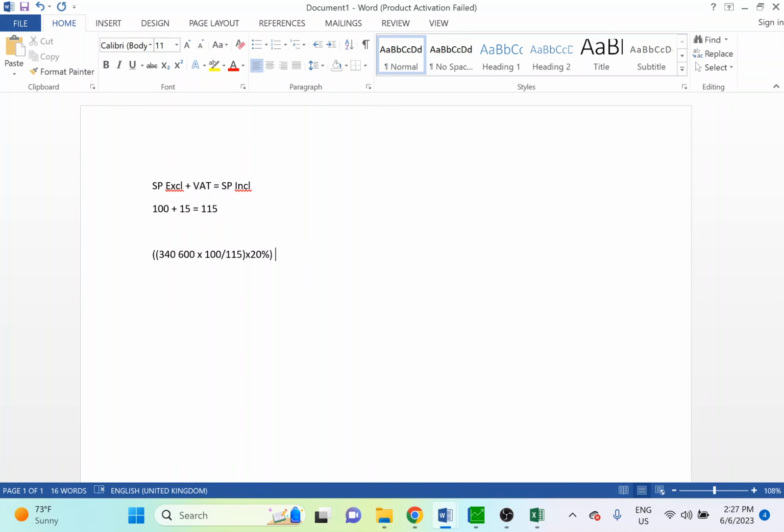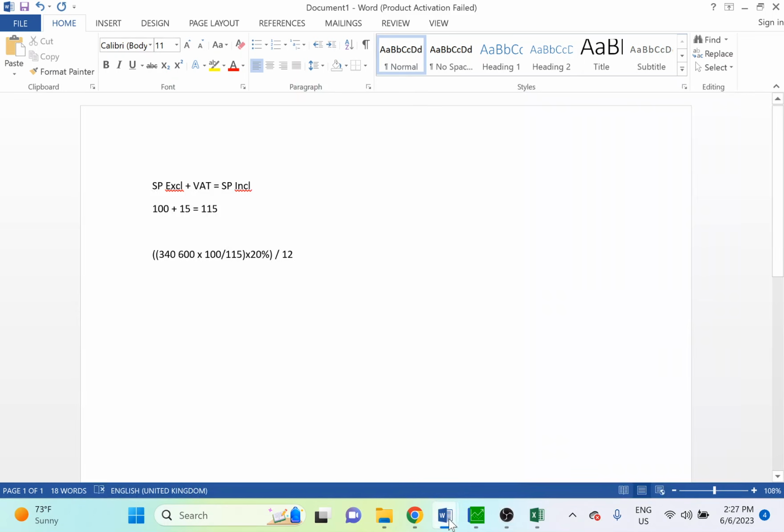So inside our double brackets, we are calculating depreciation using selling price exclusive of VAT. But then this 20% is per annum. Then we need to convert it to per month. So we're going to divide the whole thing by 12.